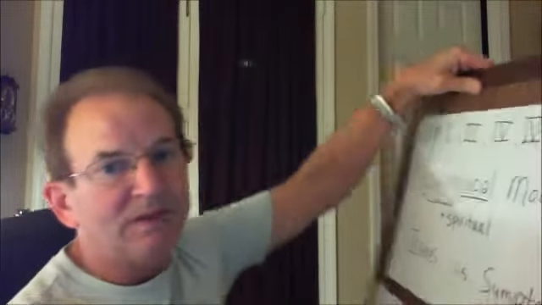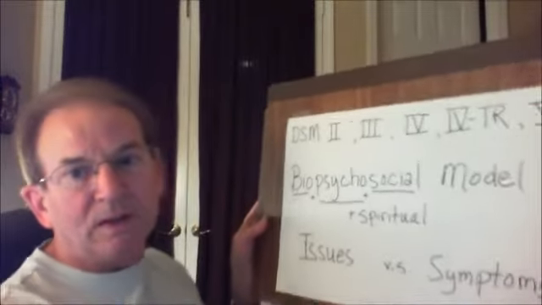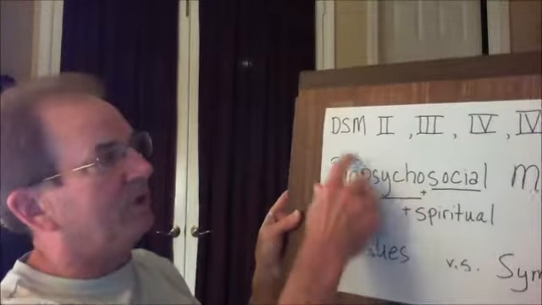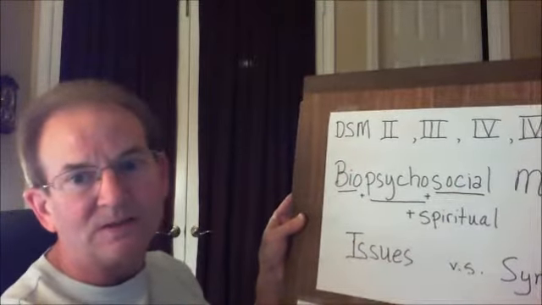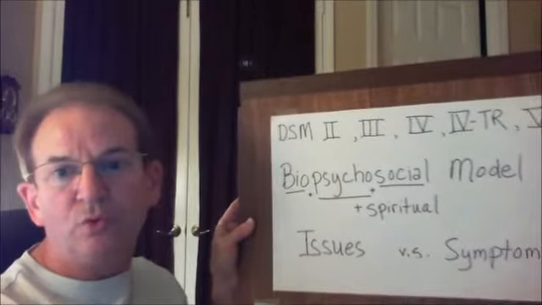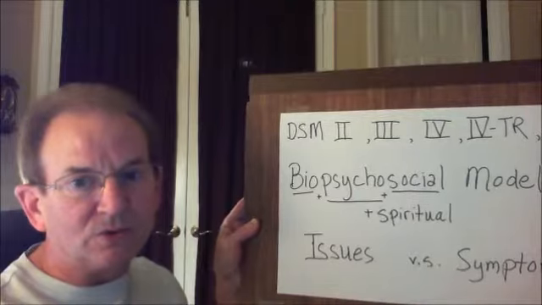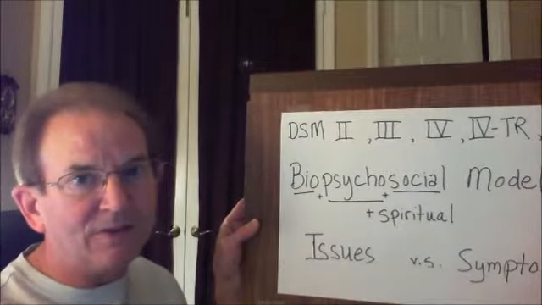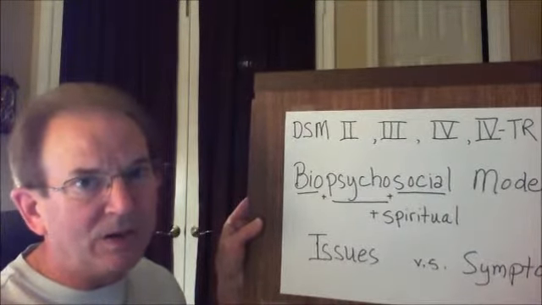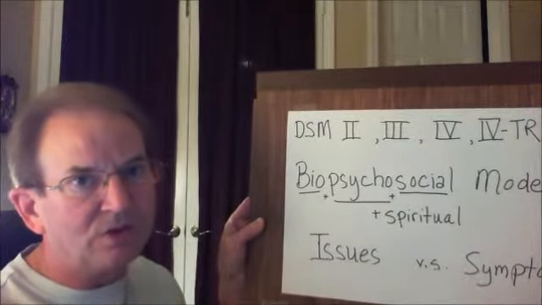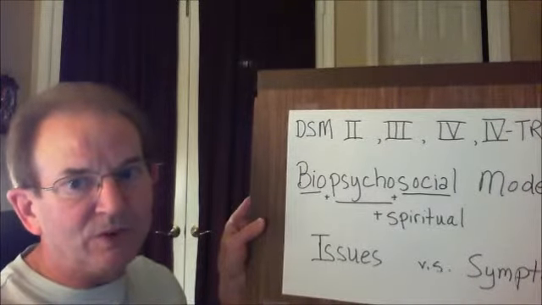I want to show you something here, if I can hold it up and make it visible to you. So we're talking a little bit about the development of the DSM from the DSM-2 through the 3, which was the first to look at the biopsychosocial model and try to identify symptoms and not pay too much attention to the source or the etiology of mental illness.